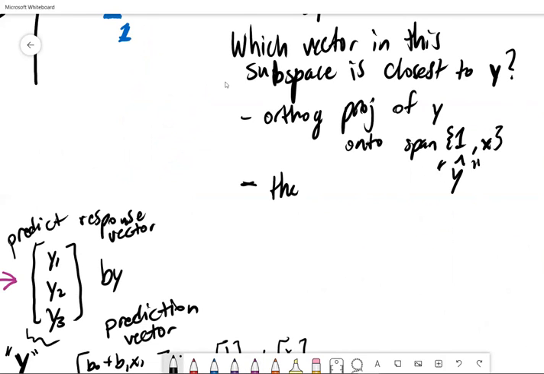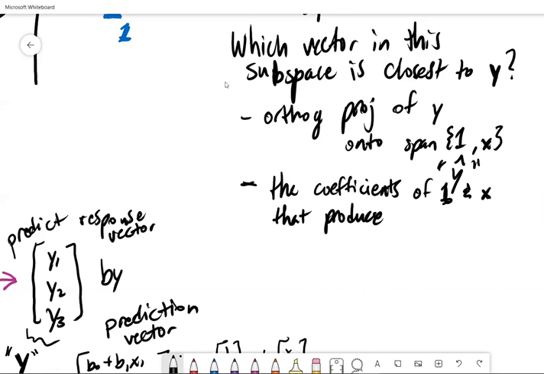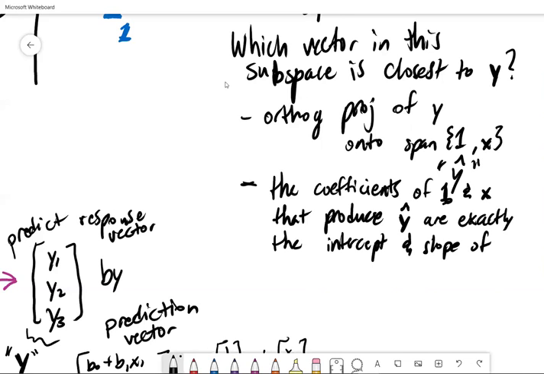So I'm going to go ahead and write the coefficients of 1 and x that produce the least squares prediction vector y hat are exactly the intercept and slope of the least squares line.